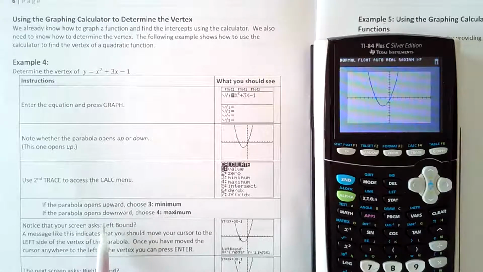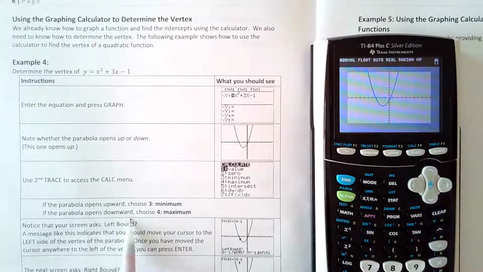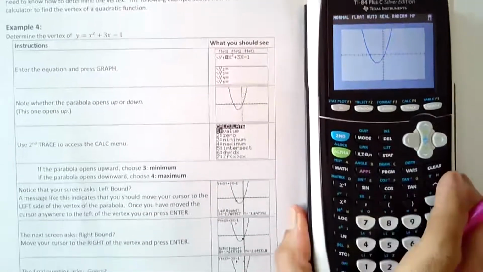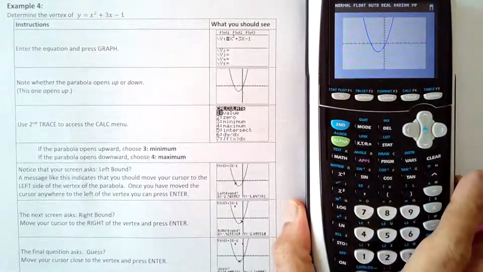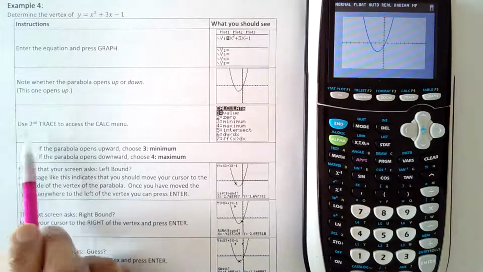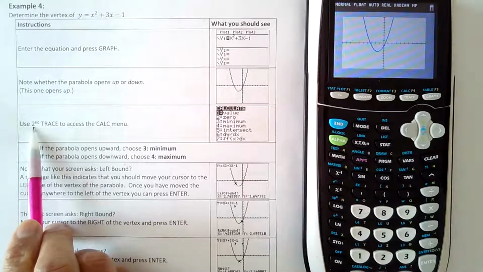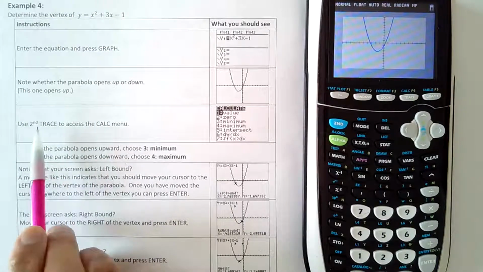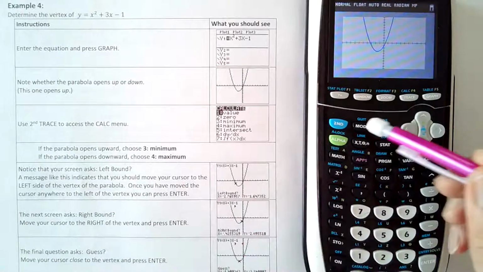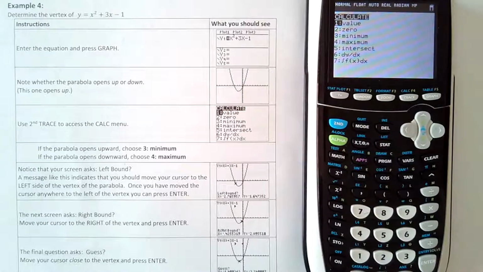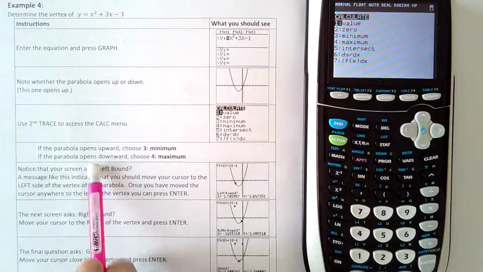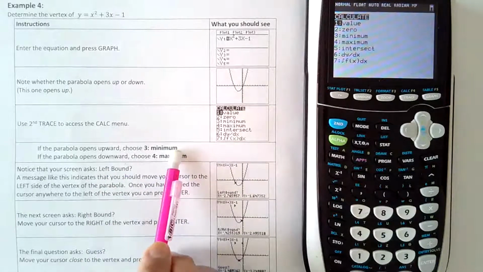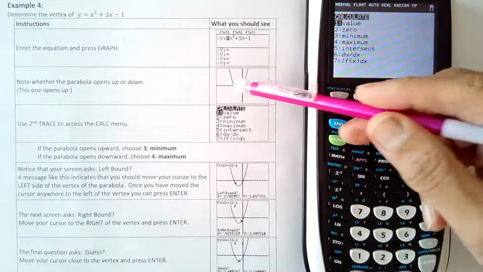So this is what you will do to find it, and you follow the instructions here. So move up. You press your second button and trace to access the calc menu. So second, trace. Now this graph is going up.